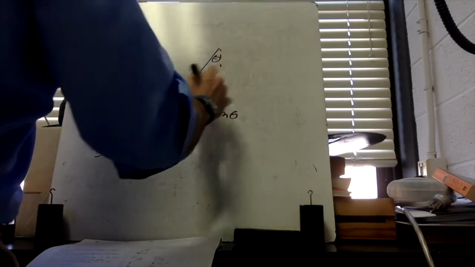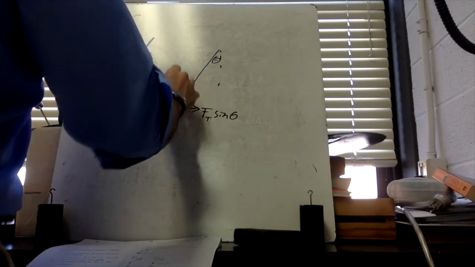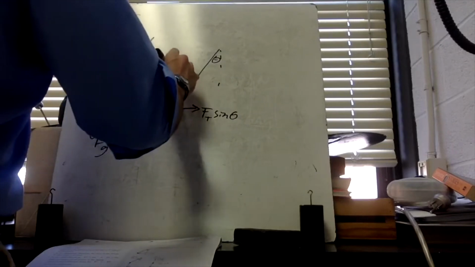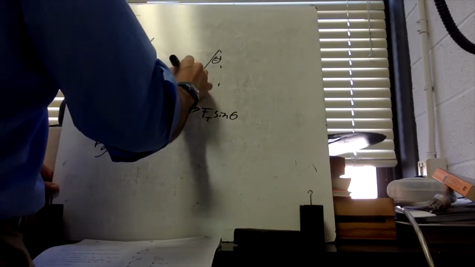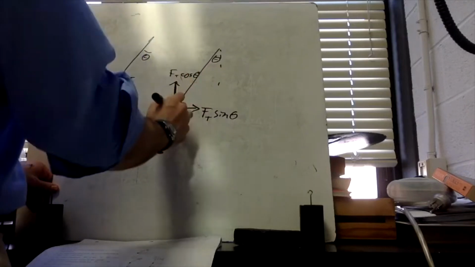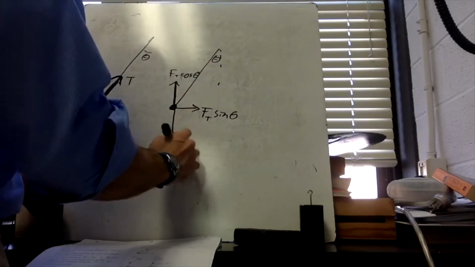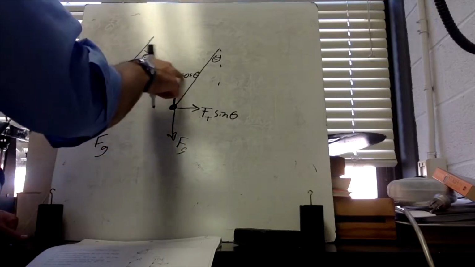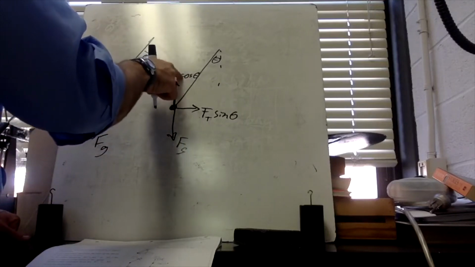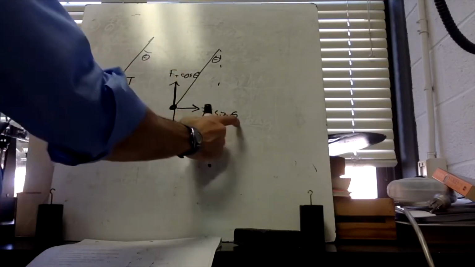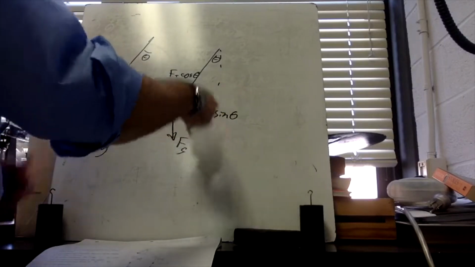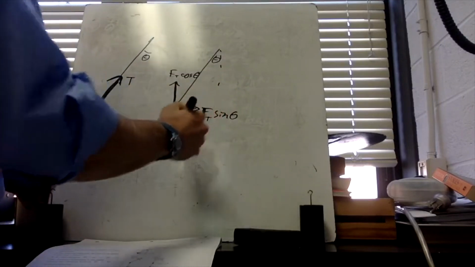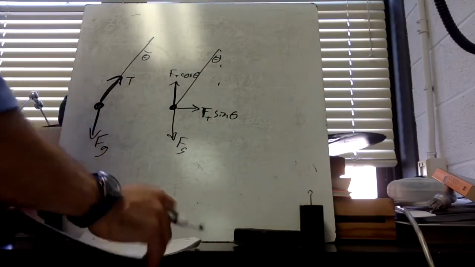We got to pay attention to that. And then this is the force of tension, Ft cosine theta, up that way. And then this is the force of gravity. So if I know the mass, I can calculate what Ft cosine theta is, and then I can calculate Ft from that. And this is equal to m times a_c, mass times the centripetal acceleration. Okay.